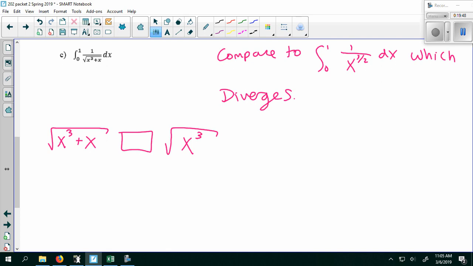I'm comparing the denominators here because the numerators are both 1. All right, which one is bigger? The left side is bigger. If you are at all unsure, pick a value in the interval like a half and plug it into both sides.